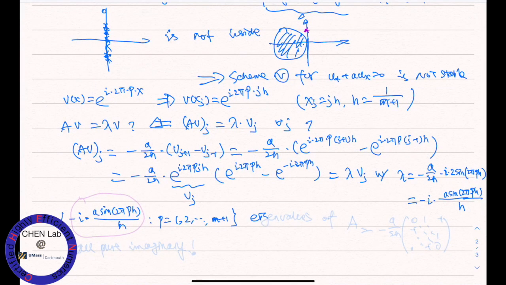These would be the eigenvalues of A, of our A here, that Fermi matrix. Okay, negative a over 2h times the matrix with 0s on the diagonal, 1s and negative 1s off the diagonal, and a little negative 1 and a little 1 in the corners. Okay, it's a matrix.